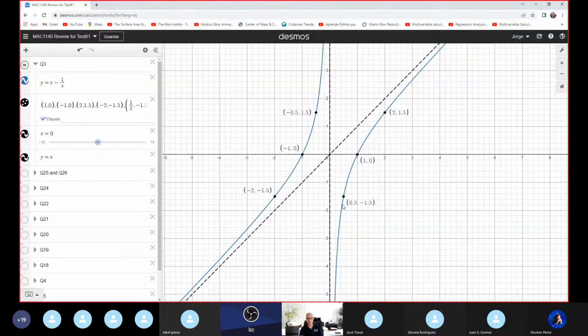Look at the proof that it's an odd function. You see now, clear. 0.5, comma, negative 1.5. And negative 0.5, comma, positive 1.5. It's the same value, but opposite sign. So, in other words, when you change the sign of x, the sign of y is also different. It's the opposite sign, the typical behavior of an odd function.